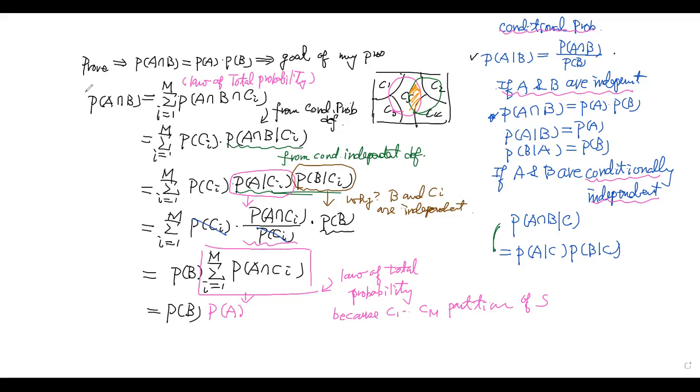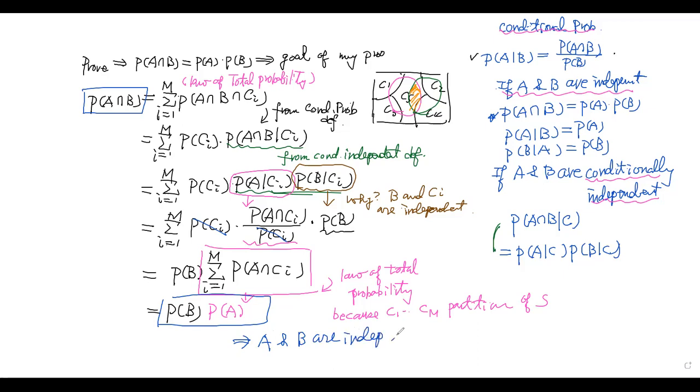Here, P of A intersect B, we proved equals P of A times P of B. So that's how we say A and B are independent.